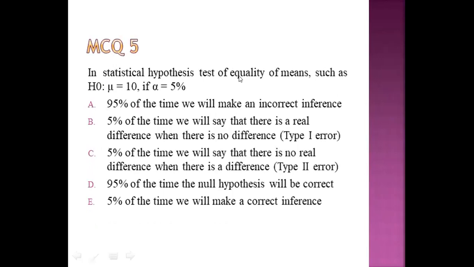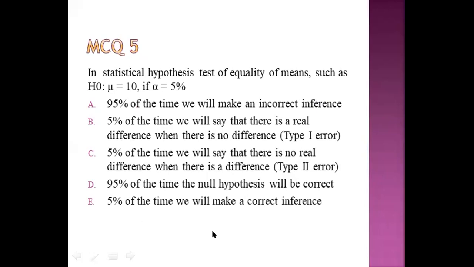In statistical hypothesis testing of equality of mean, such as H naught: mean is equal to 10, if alpha is 5%, then 5% of the time we will make an incorrect decision. 5% of the time we will say that there is a real difference when there is no difference. Type 1 error occurs. 5% of the time we will say that there is no real difference when there is a difference, type 2 error. 95% of the time the null hypothesis will be correct.